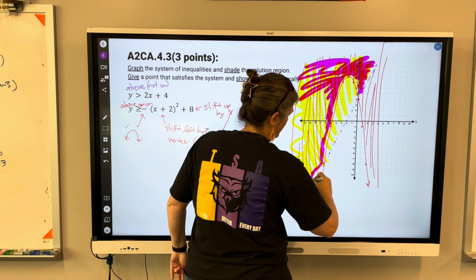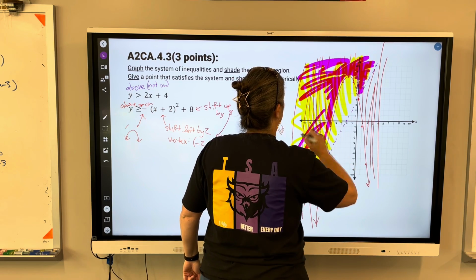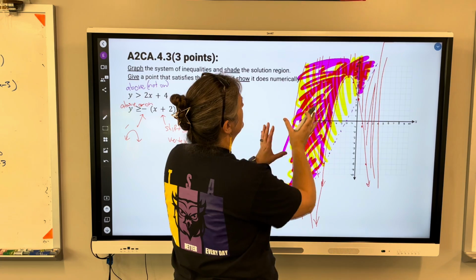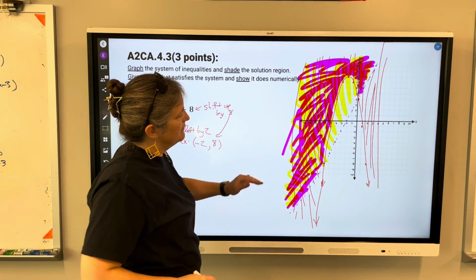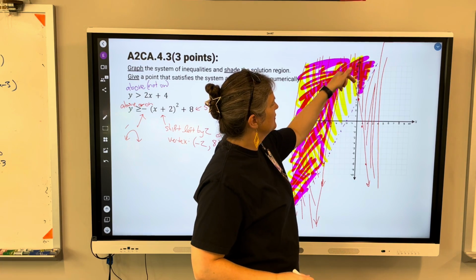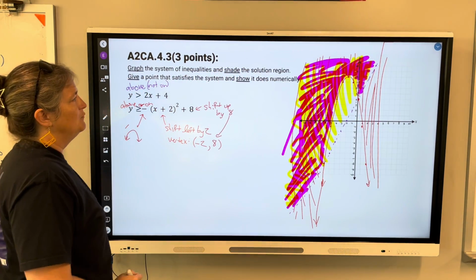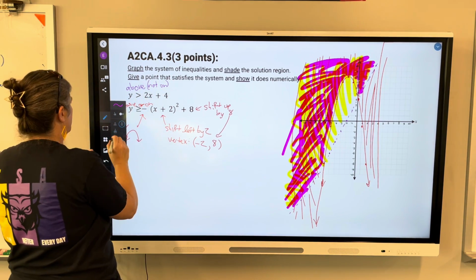Oh, follow the line now, right? Okay. And it's all of this. So there's my double shaded region, goes up and out in that direction forever, following the line, because the parabola just sort of cut out a little bit of space where we're not happy.